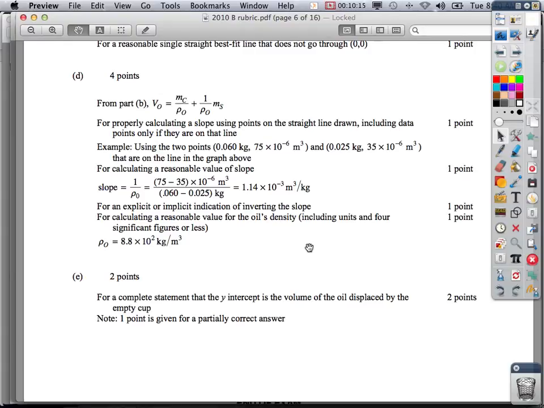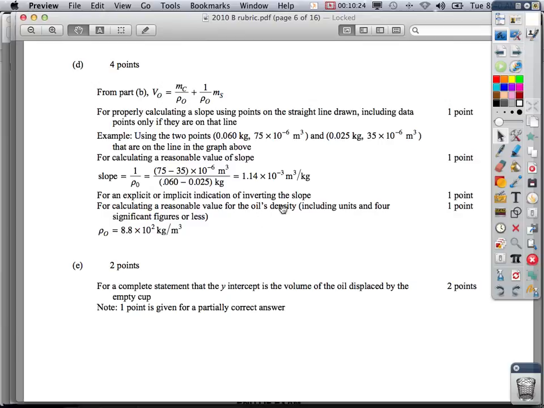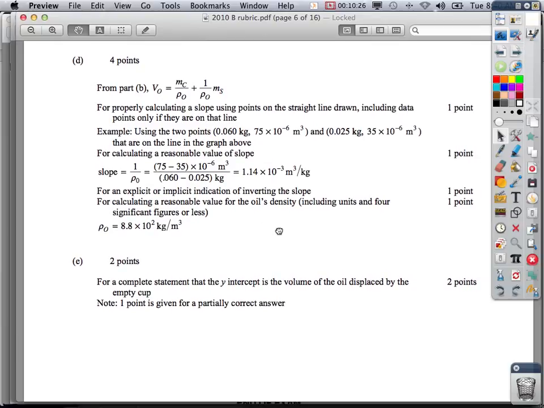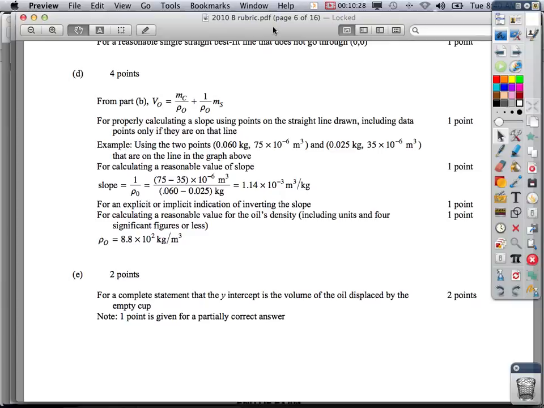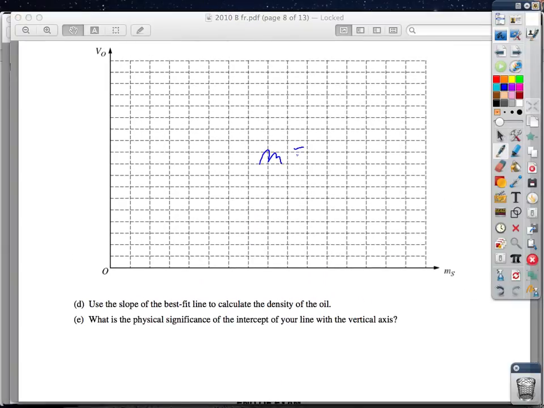So the density of the, oh, these are just 2 points. Oh, that's fine. Yeah, the density is just, yeah, I think that's right. The slope of this is just volume, delta volume over delta mass, and that is 1 over the density.